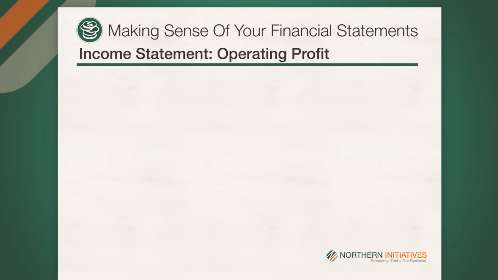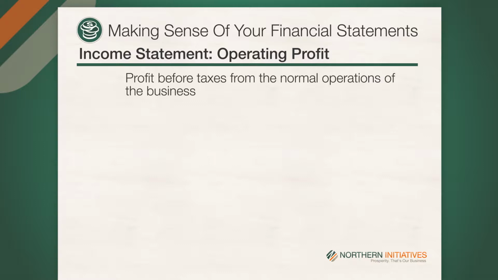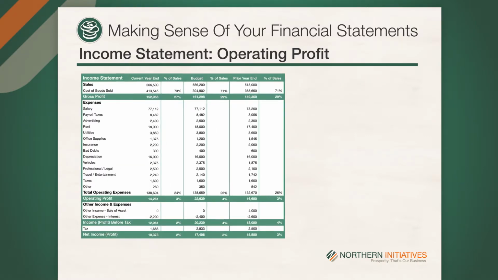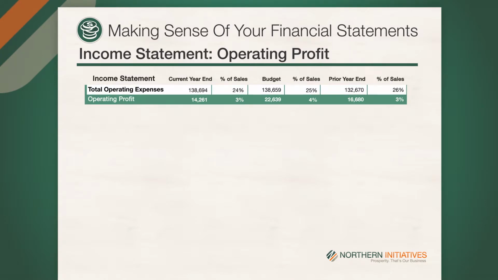Operating profit is profit before taxes from the normal operations of the business. So, in the case study, the owner projected an increase in operating profit from 3% of sales in the prior year to 4%. A business that's growing its sales and is able to maintain costs will experience an increasing operating profit.